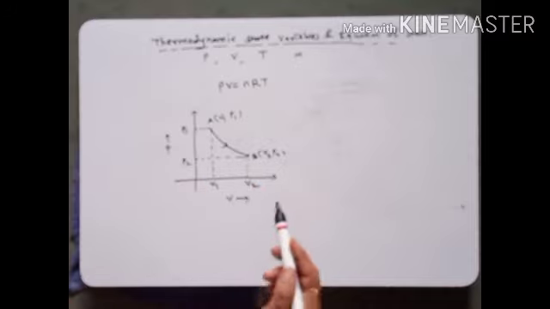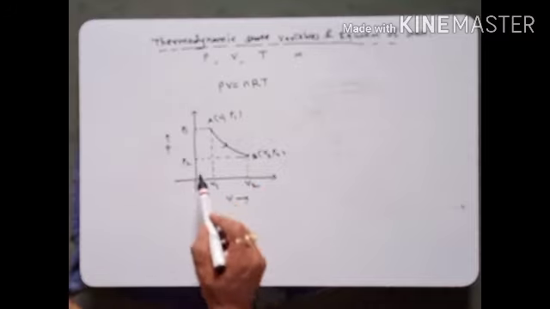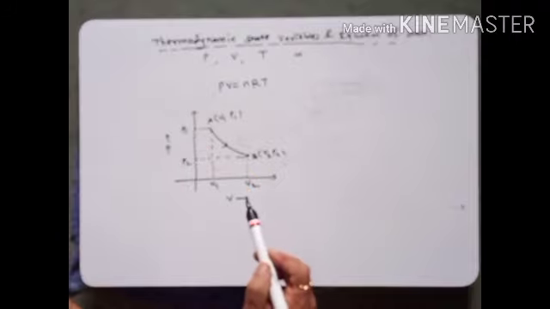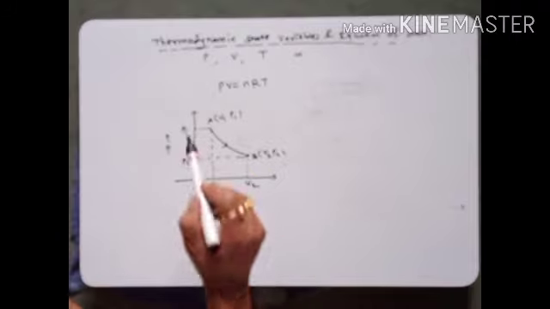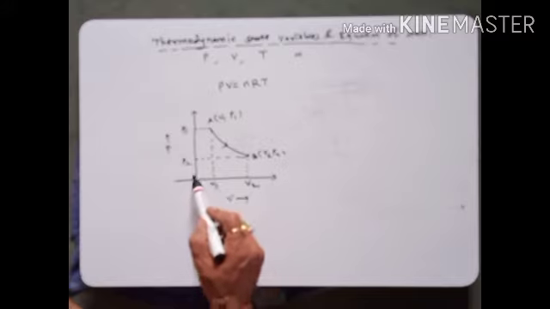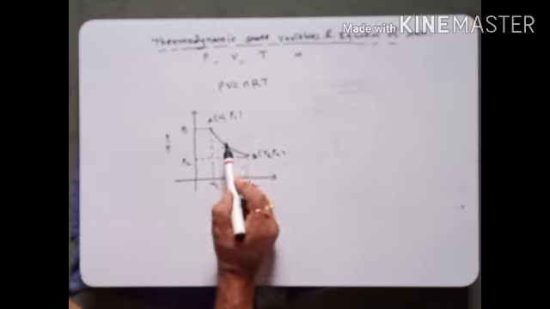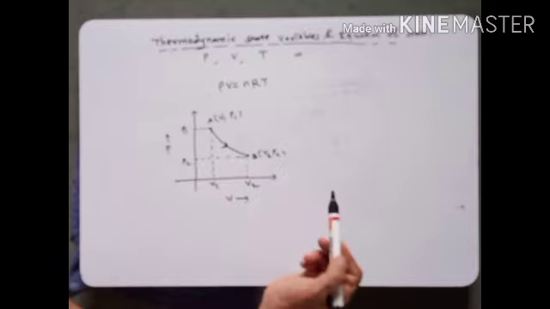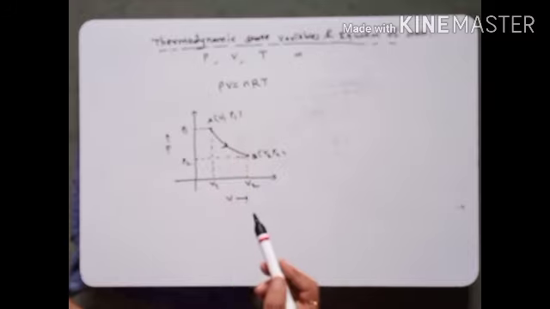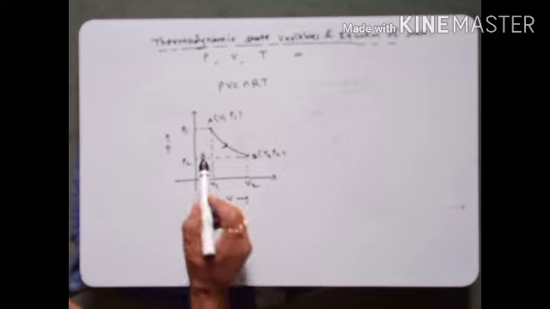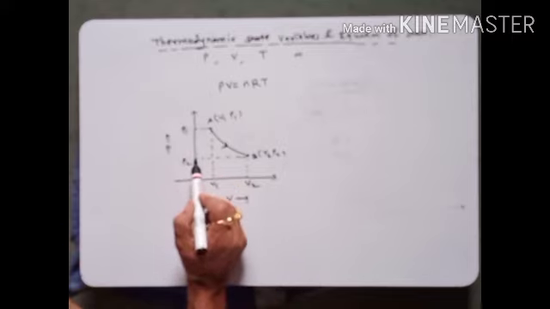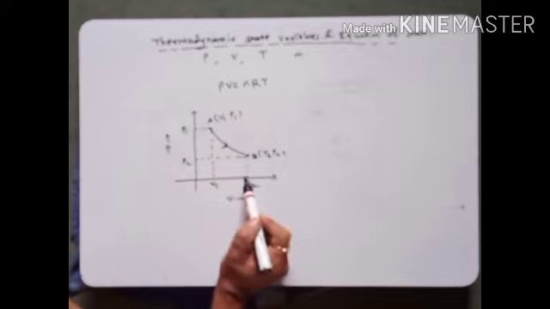And here you get that volume increases, pressure decreases. And if we consider B to A, volume decreases, pressure increases. That means from A to B there is an expansion, and from B to A there is a compression. Whenever pressure decreases from P1 to P2, volume increases from V1 to V2.